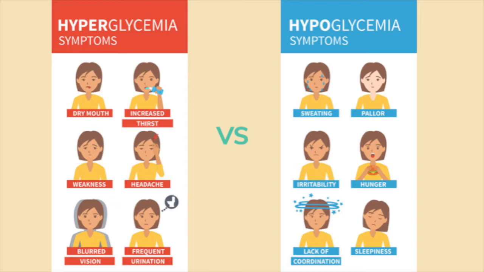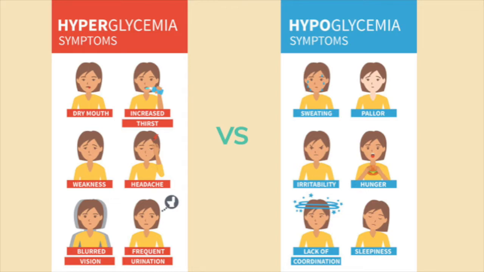If you're hyperglycemic, you'll notice several different warning signs, some of them being dry mouth, increased thirst, weakness, headaches, blurred vision, and even frequent urination. If you are experiencing one or few or all of these, do keep a note on those symptoms. On the right-hand side, we have hypoglycemic symptoms, which include sweating, irritability, hunger, lack of coordination, and sleepiness.